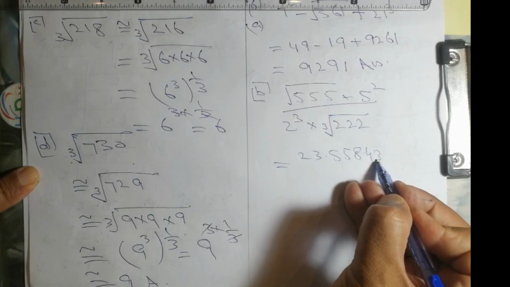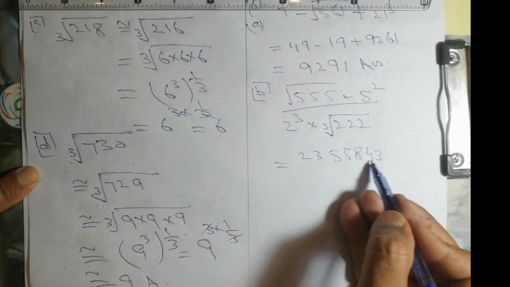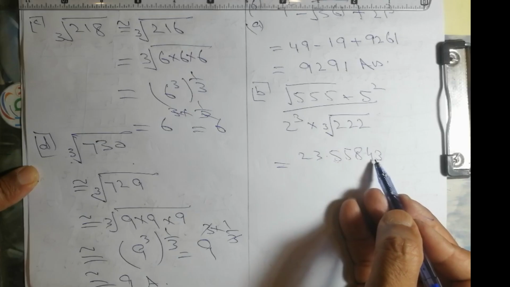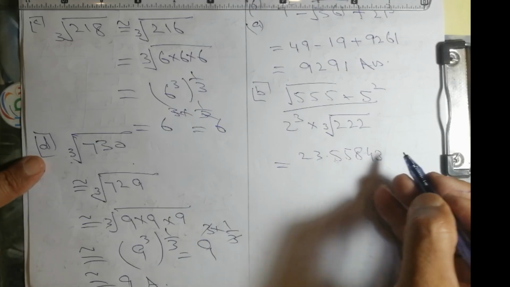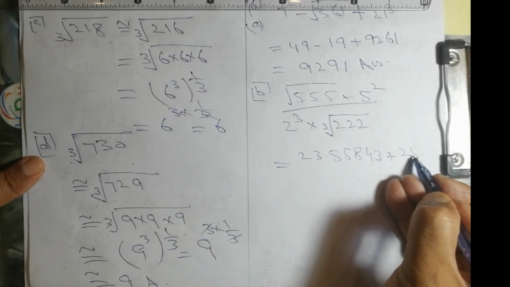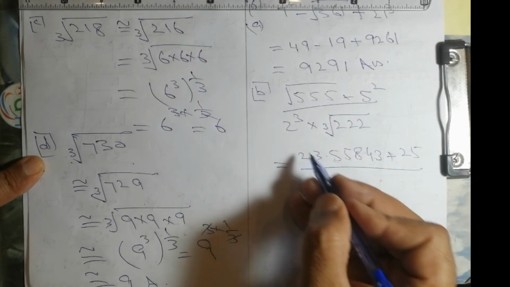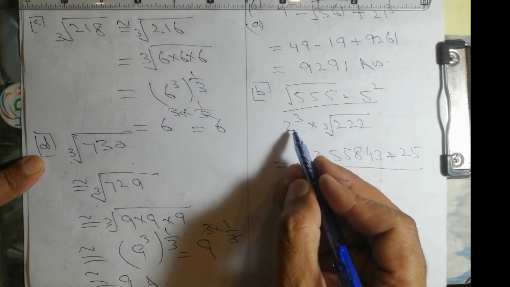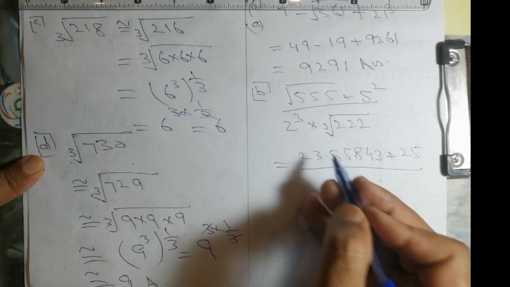So this is 23.55843. I write 5 digits after the decimal right now, and this is 25, and this is equal to 2 raised to power 3, which means 2 into 2 into 2, 3 times.